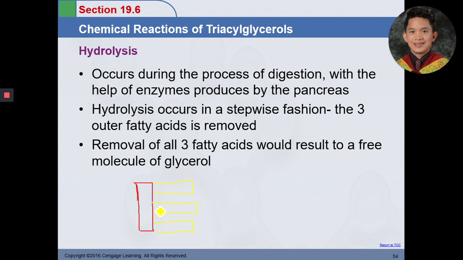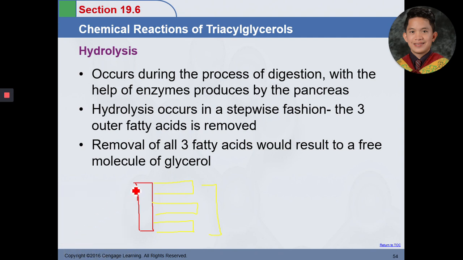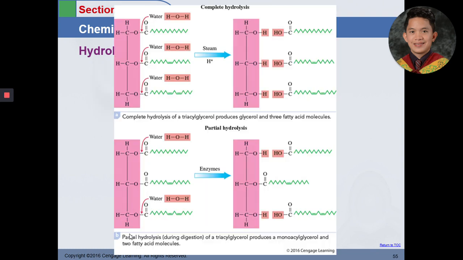Now, there are actually two types of hydrolysis. If all three fatty acid components are cleaved from the glycerol molecule, that is what we refer to as complete hydrolysis. So again, if we remove all three fatty acid components in your triacylglycerols, that would be referred to as complete hydrolysis.